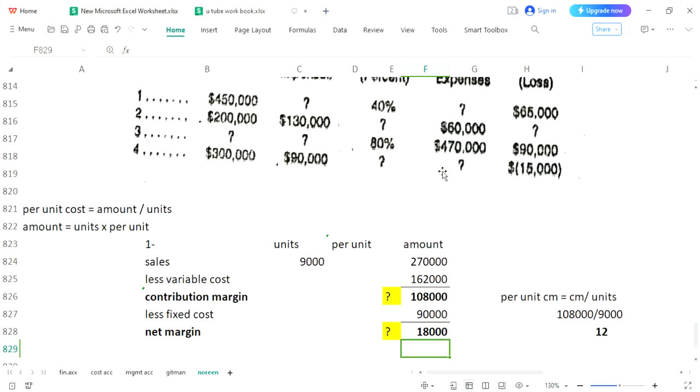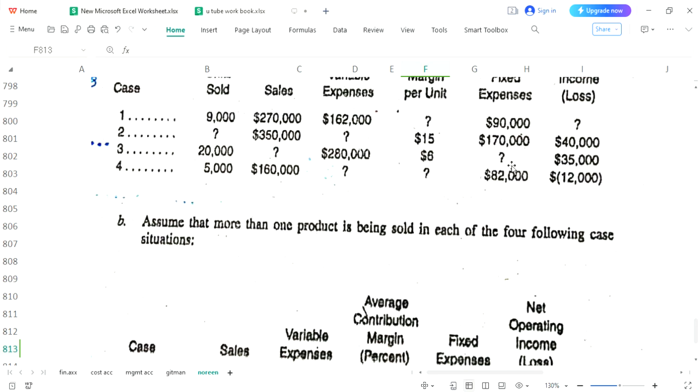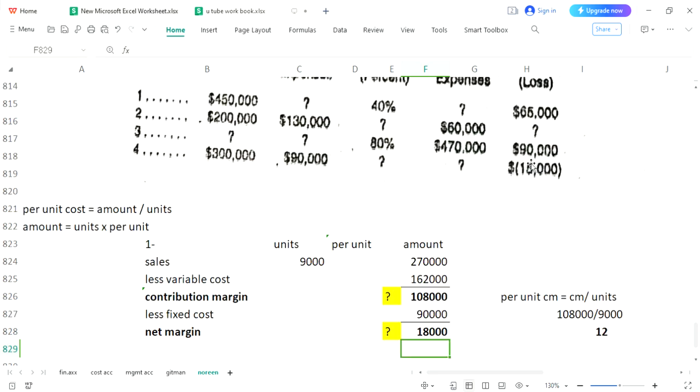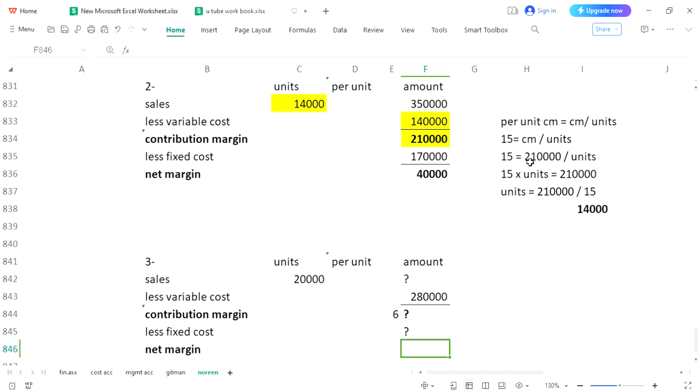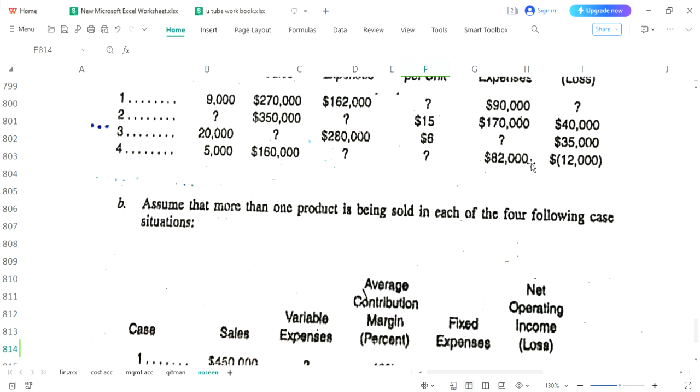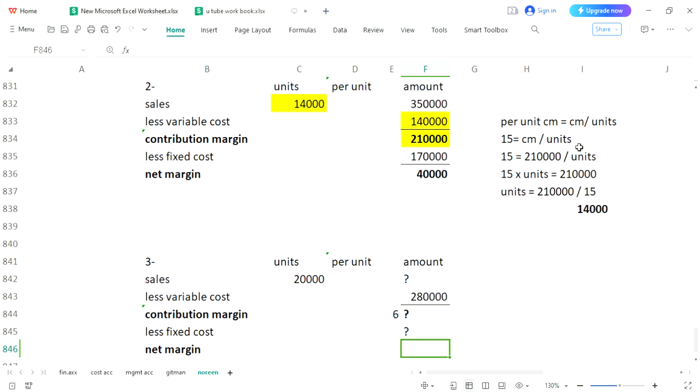Okay, and next, fixed expenses are also unknown. So there are so many question marks in this regard. And for the third part, we have 35,000 as our profit. So we can put 35,000 as our profit.